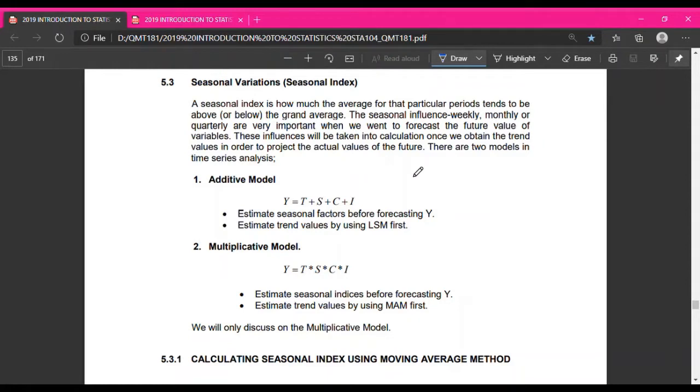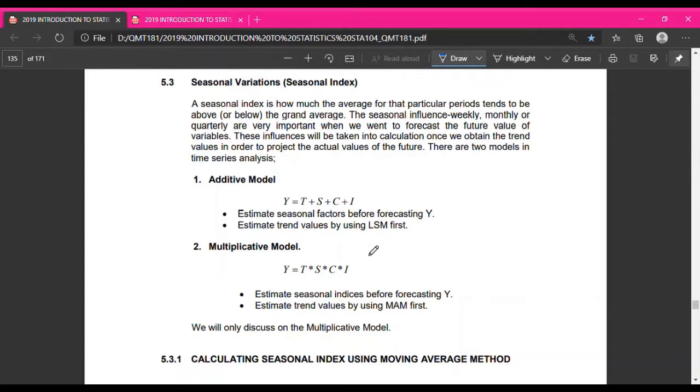So we need to find the trend value first, in order to forecast the variable y of the future.